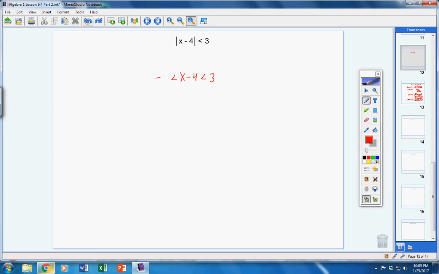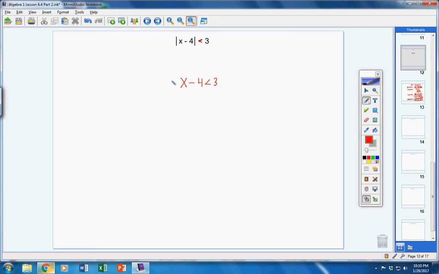Okay, let's go over this again. Step 3 says to write your 2 inequalities and decide whether or not you have a conjunction or a disjunction. Now, whenever you have an absolute value that's less than a number, it's going to be a conjunction. So when I say write your 2 inequalities, what I basically mean is write your inequality here. You're going to have 2 inequality symbols. So you write it just like it is.